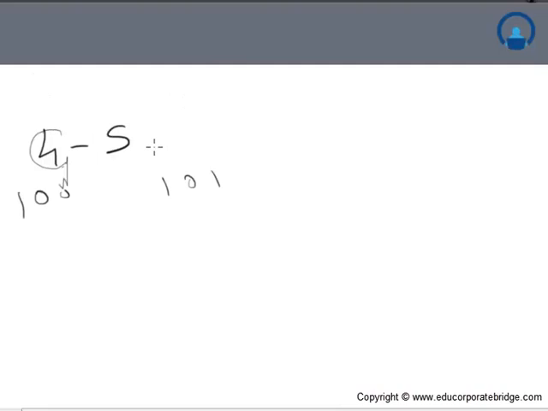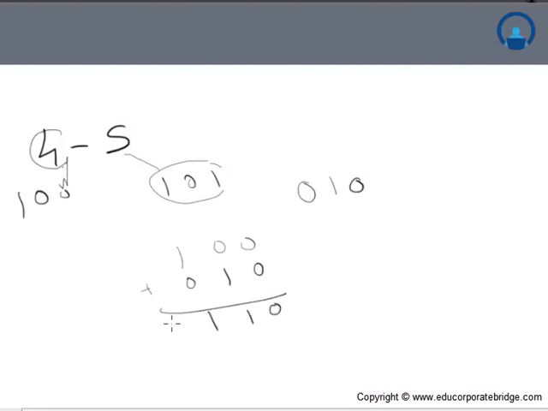So let's find the 1's complement of 5. Since 5 is the subtrahend, we find the 1's complement of 5, which is 0 1 0. Adding 1 0 0, which is 4, plus the 1's complement of 5, 0 1 0, gives 1 1 0, and there is no carry, as you can see.